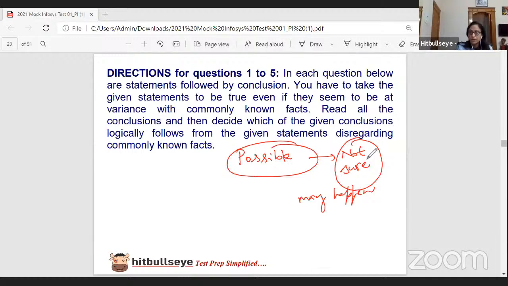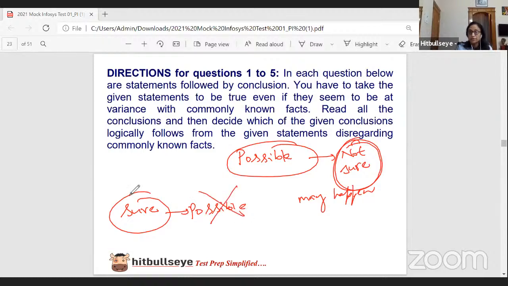Possible is used when you are not sure. Something you are already sure about, using the word possible for it is wrong. Okay? Rule number 1 for possible: if you have something that you're sure about and you are stating that thing with the word possible, it's wrong. Second rule.